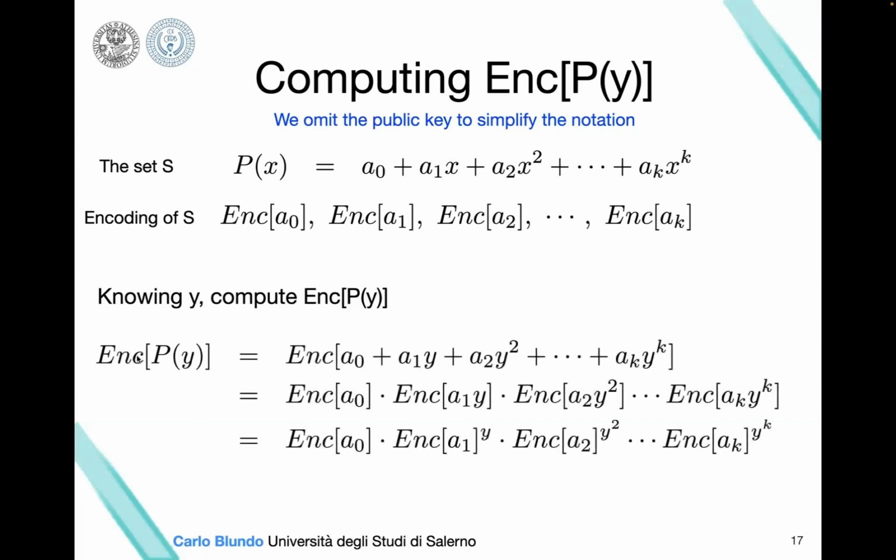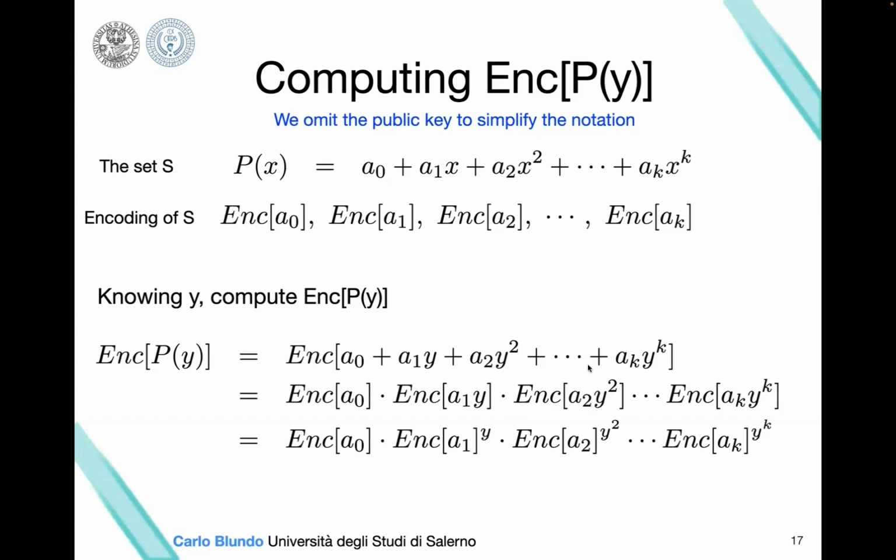Well, we just express the polynomial as the sum of its monomials, each in encrypted form. I've seen that the encryption of the sum is the product of the encryptions of each single term. If I concentrate, for instance, on this part, I have the encryption of a coefficient, A2, that I don't know, and a constant, Y squared, which is known.